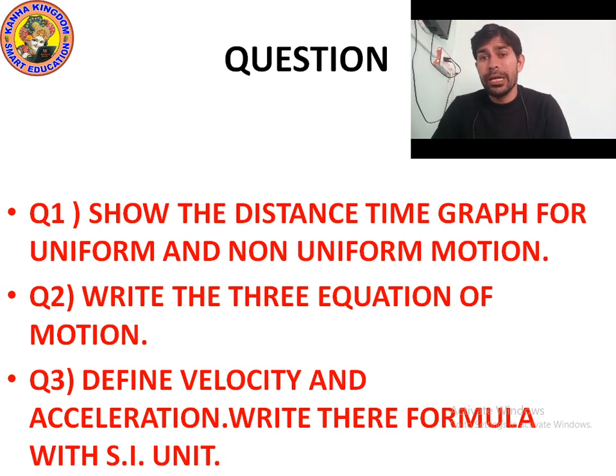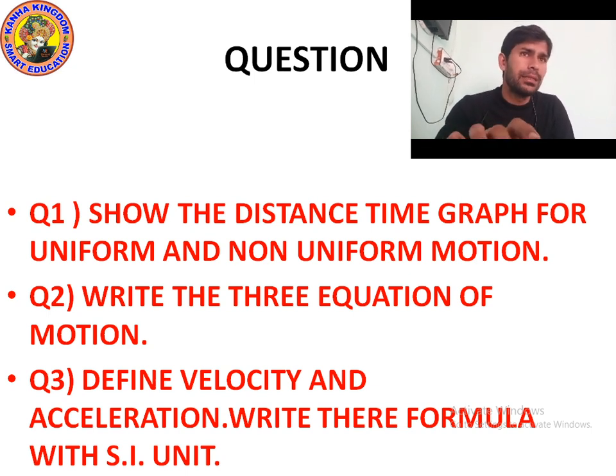Average velocity is the ratio of the total displacement to the total time taken, or average velocity is equal to initial velocity plus final velocity upon 2. The SI unit of velocity is meter per second, or meter second inverse.